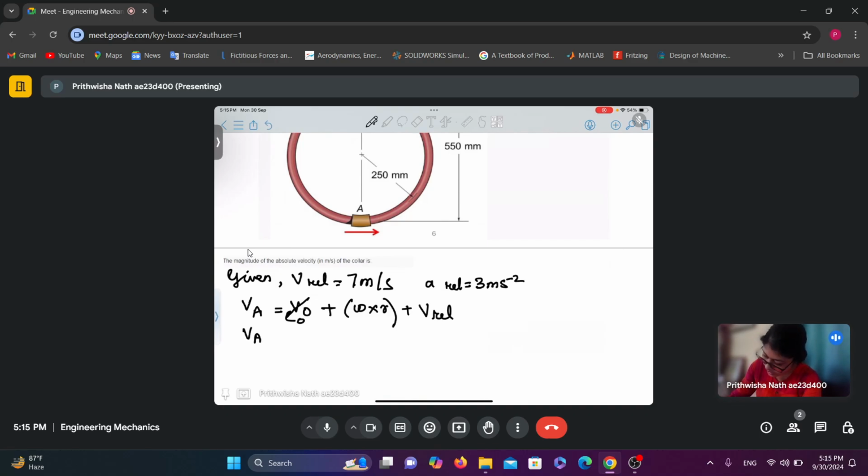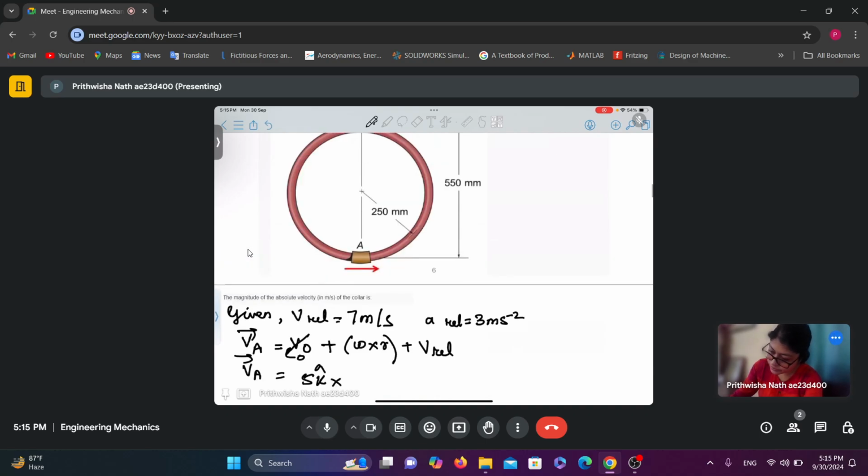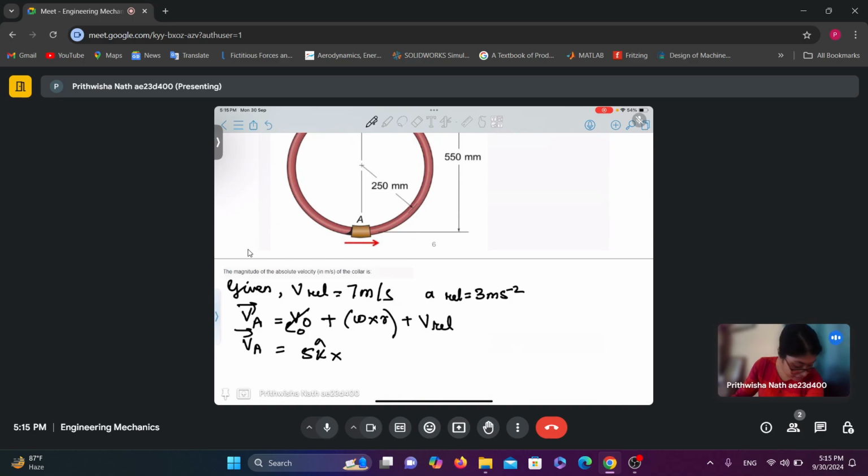So VA equals omega, which is 5k, cross R. R is 550, which is given in millimeter, so we have to convert it into meter, and this is minus j, right?